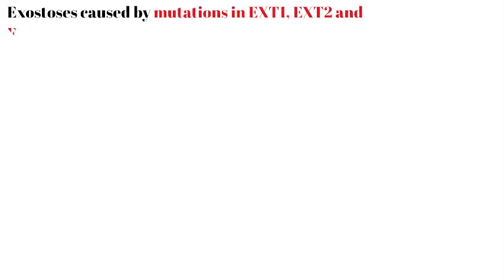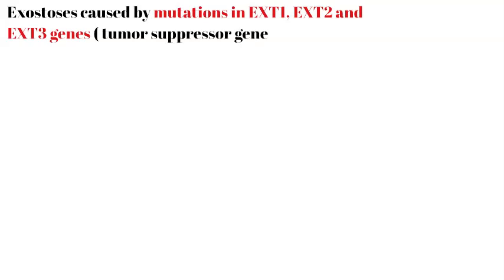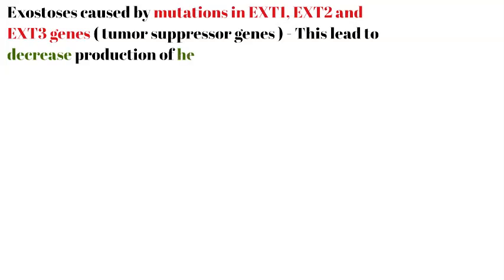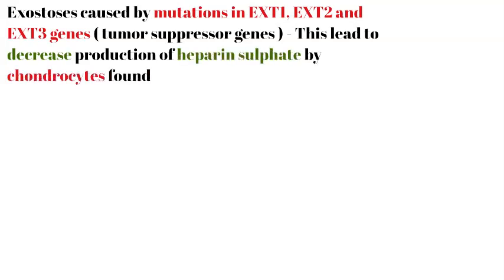Exostosis is caused by mutation in the EXT1, EXT2, and EXT3 genes, which are tumor suppressor genes. This leads to decreased production of heparan sulfate by chondrocytes found at the physis.